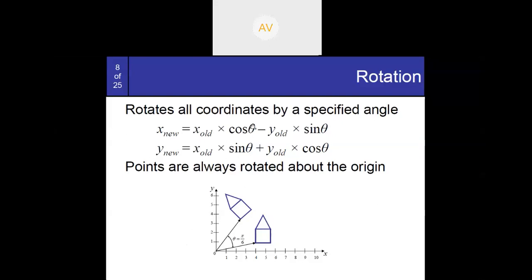Okay. If you are going in the anti-clockwise direction, my suggestion is to take angle theta as positive. If you are rotating the object in the clockwise direction, take angle theta equal to minus 30 degrees. If you are rotating the object from this position to this position, take theta equal to minus 30.